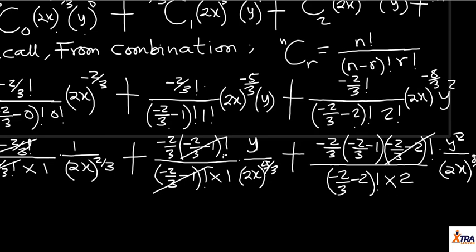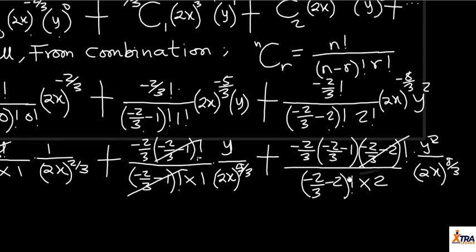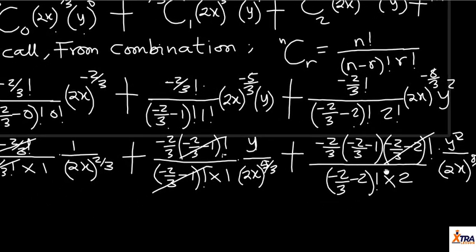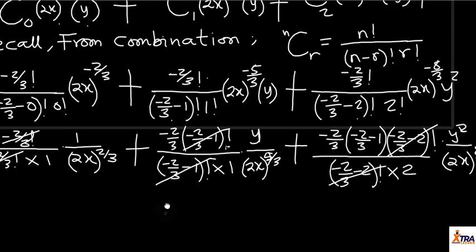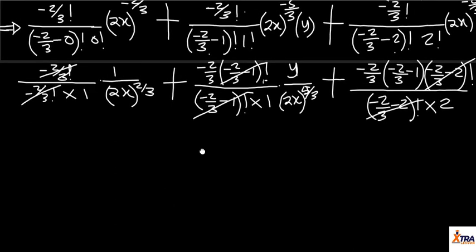So we can now see we can now have this value cancelling each other, and then moving on, we can say since our values have cancelled out here, we'll be having just 1 over 2x raised to the power 2 over 3 plus, looking at this one, we'll be having minus 2 over 3.